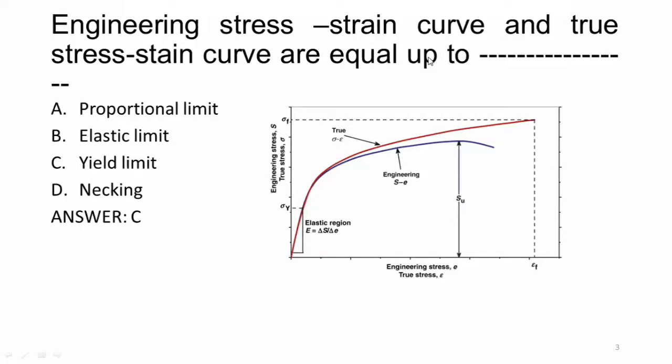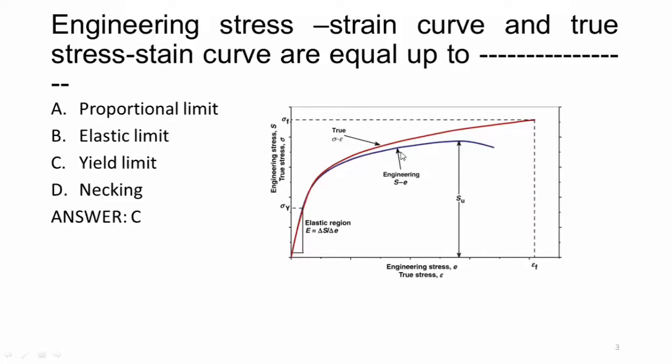In this equation, area is in the denominator. If the cross sectional area of the member is reducing after yielding, what will happen to stress? It is going to increase. That is why in the true stress strain curve we can see stress values higher than those in the engineering stress strain curve.